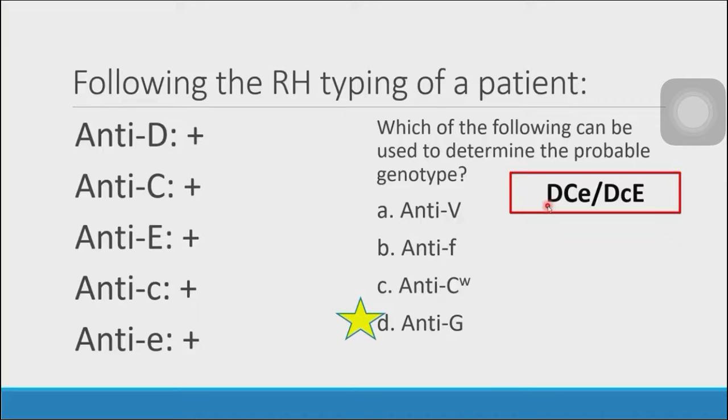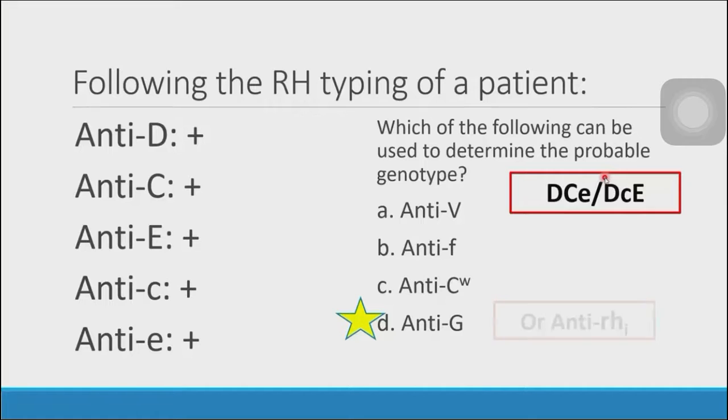For example, walang anti-G sa tamang sagot. Ano pa kaya yung pwede mong gamitin? If you can notice here, isa dun sa antigen na nabanggit natin na present kapag magkatabi or same haplotype, yung big C and small e antigen. Ano ulit yon? Yung Rh sub I antigen natin.